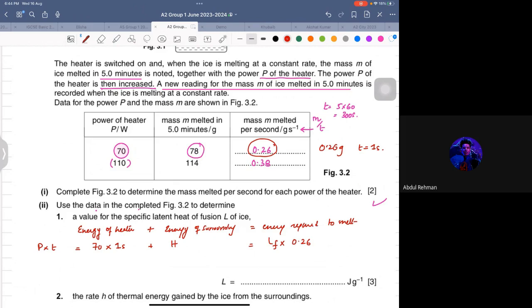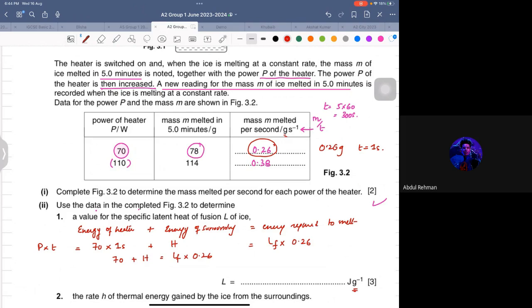Yes. Now, how do I know that I have to use grams and I don't need to change into kgs? Because in the answer it is already given that I need to write it in grams here, right? So what you do then? You do 70 plus H equals LF times 0.26. Now you have to do the other one.